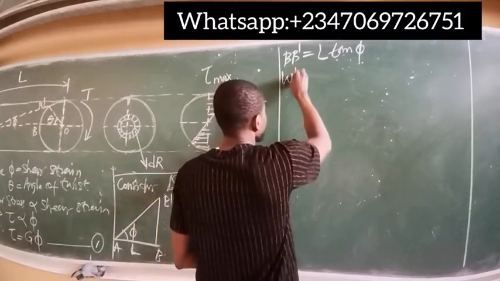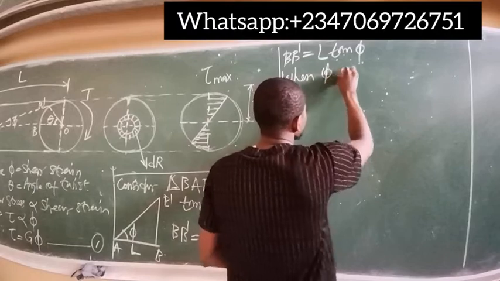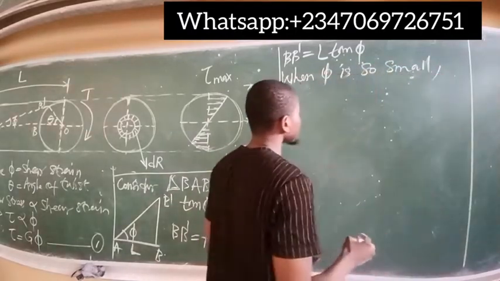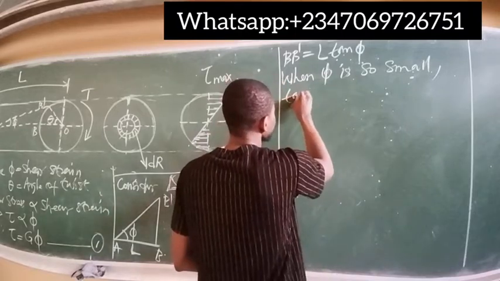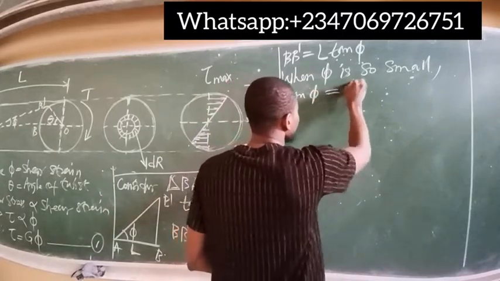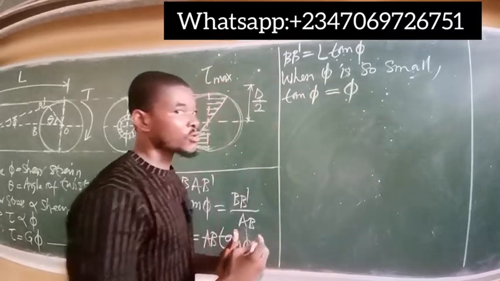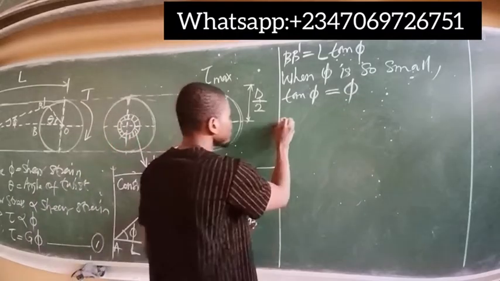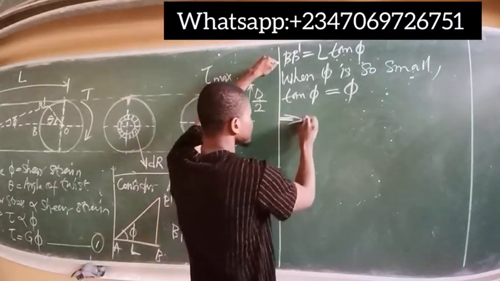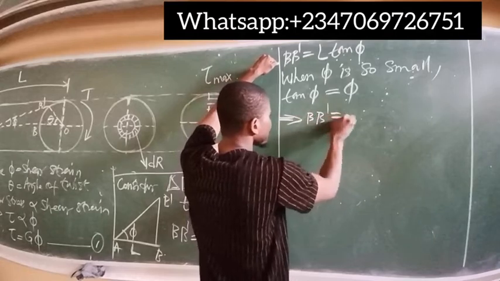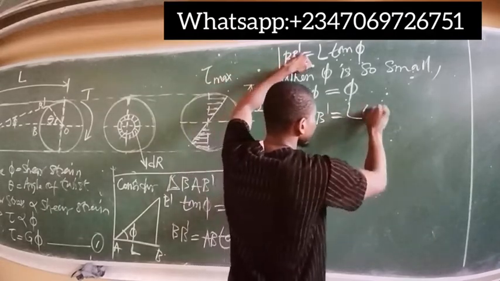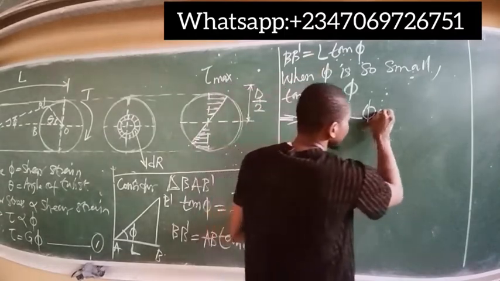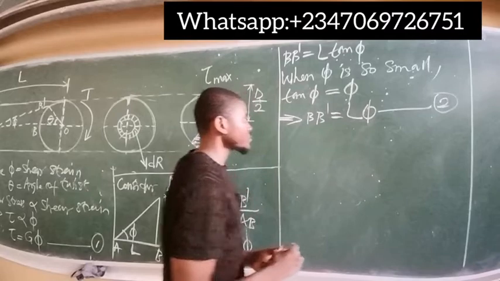When psi is so small, the value of tan psi is equal to psi itself. When an angle becomes very small, the tan of that angle becomes the angle itself. So I can rewrite this as BB prime equal to L psi. Let's call this equation 2.